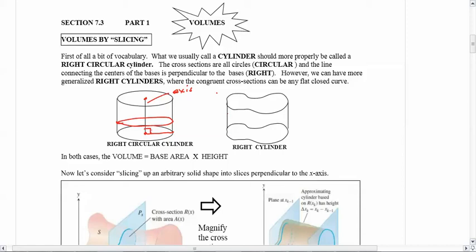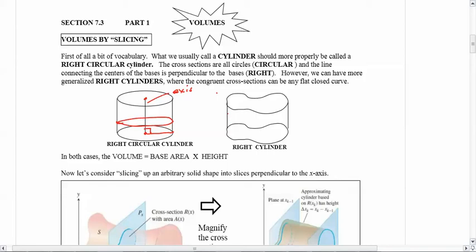We can generalize this to just a right cylinder. Now, the difference between a right cylinder and a right circular cylinder is that the cross sections aren't circular. So you can see the top and the bottom. If the bottom is sitting on a horizontal base, then to be a right cylinder, that top also has to be exactly vertically above it.